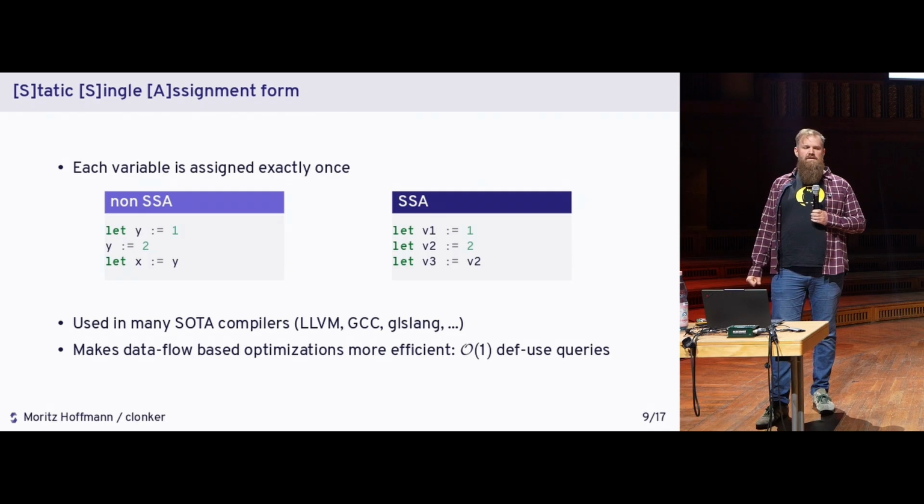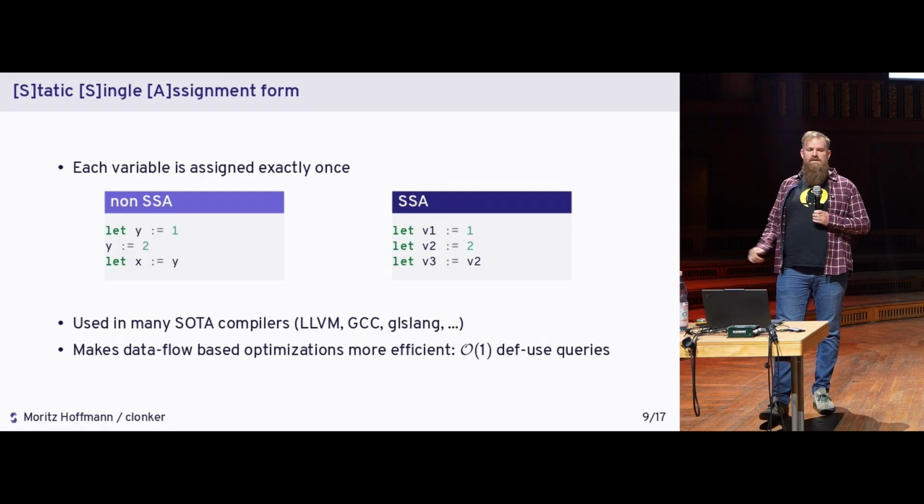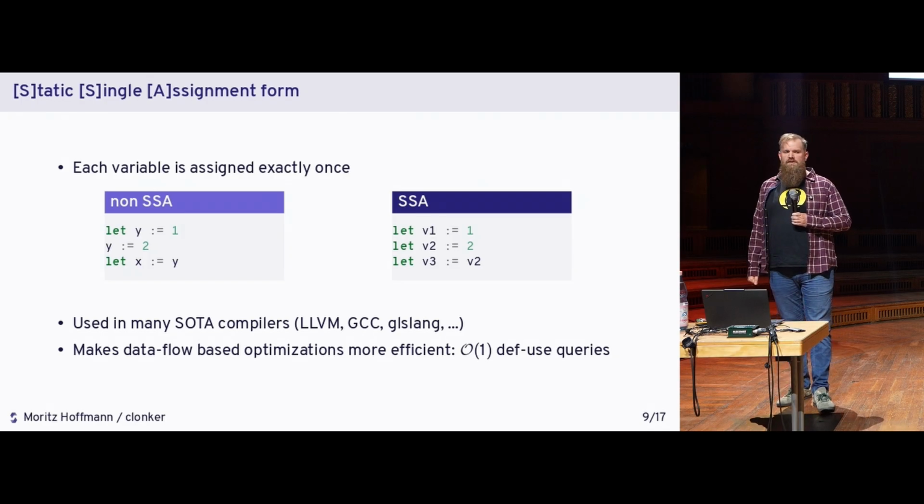So everything is constant. We have, instead of 2 variables, 3. So we have to pay a little bit, right? We get more variables, but then everything is constant. V1 is constant, V2 is constant, and then V3 is also constantly set to V2. This is a form of representation that is battle proven in many major compilers, such as LLVM or GCC.